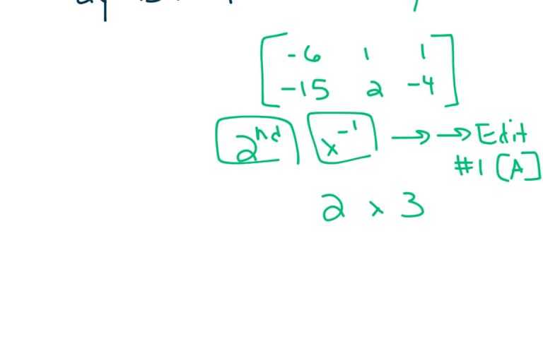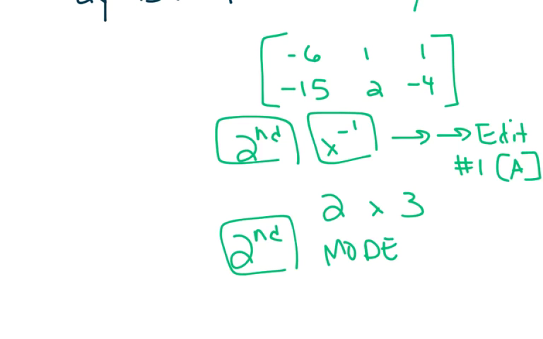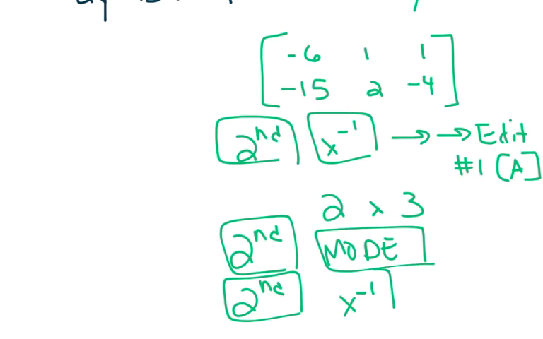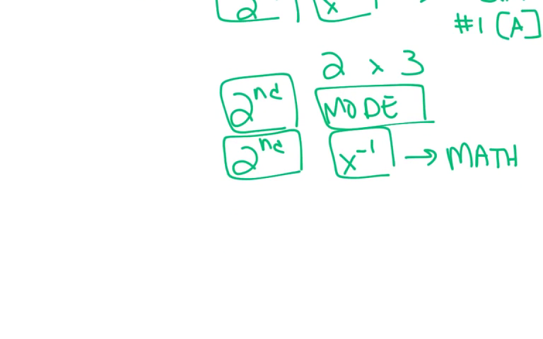Once you've typed your numbers in, you quit second mode, and then you go back into matrix a second time, but this time you only arrow 1 to the right to math, and you scroll until you find option B, RREF, and hit enter.